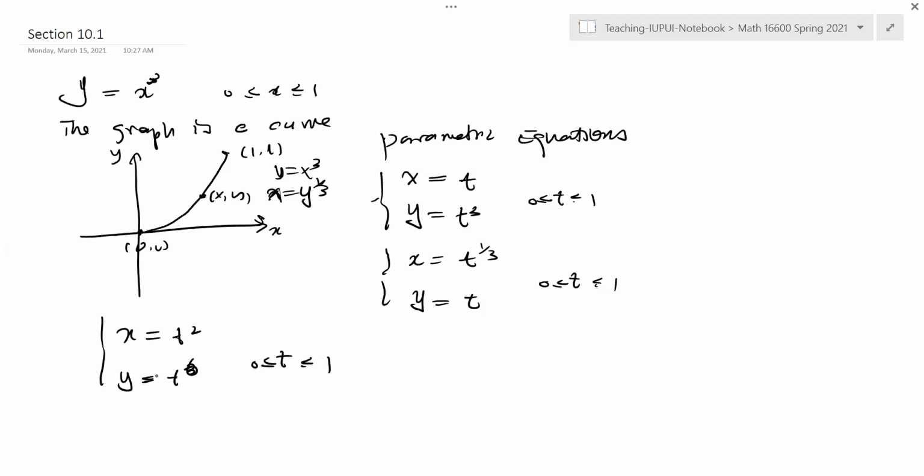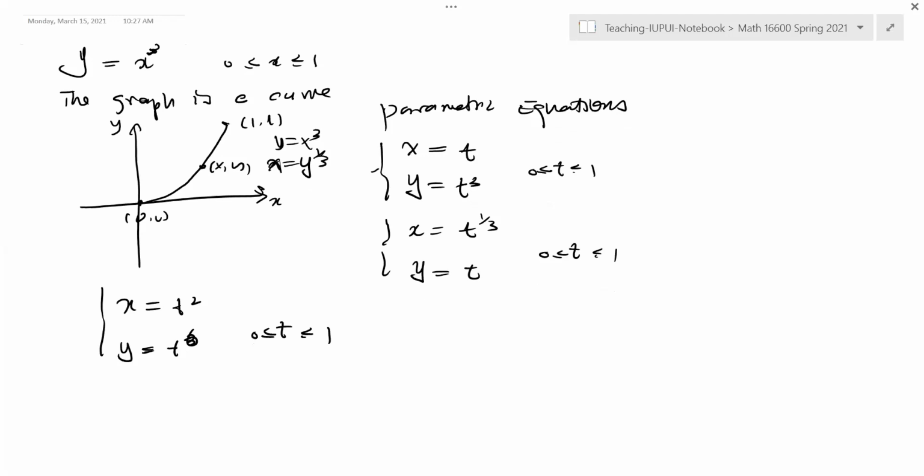So you will get the same orbit, if the object moves in the xy plane subject to these two equations.